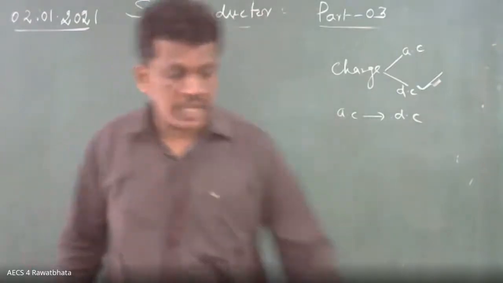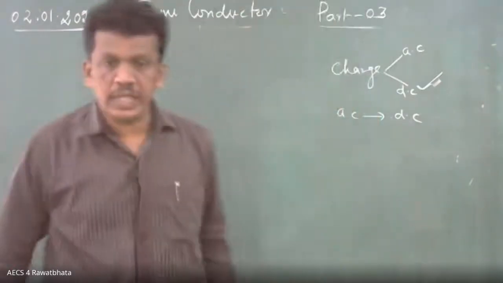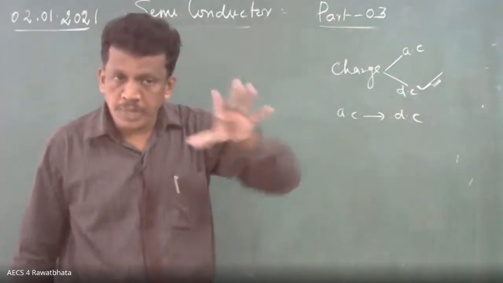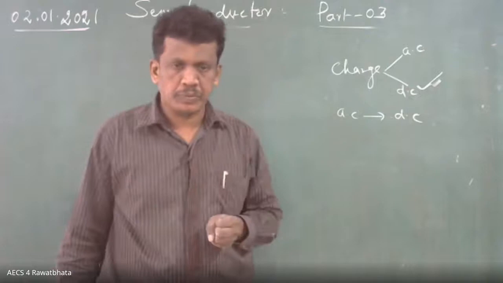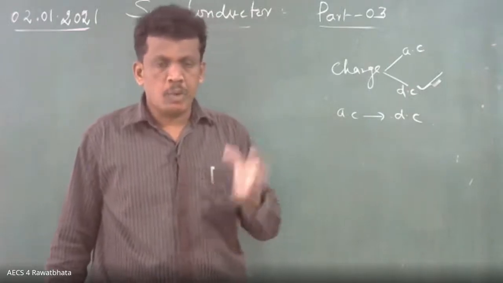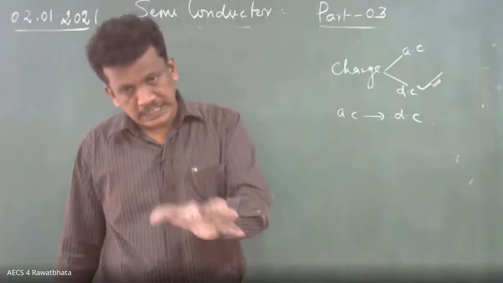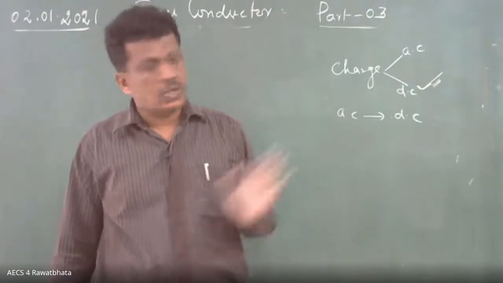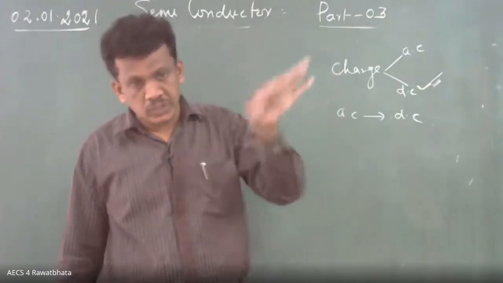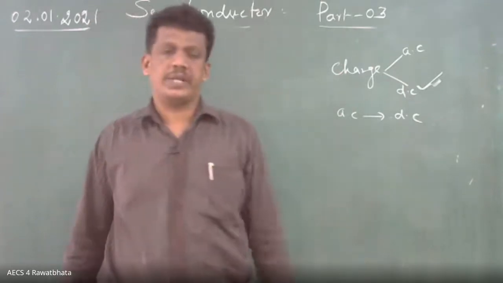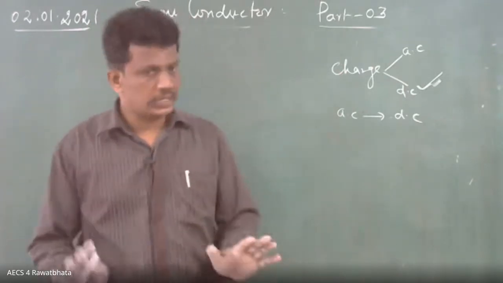How to convert AC into DC? Okay, that only we are going to discuss. So what we are getting at home? AC. But for the mobile charger, what is the actual input you have to give? DC. Then what we will do? We will convert from AC into DC. That DC is given to charge the battery. Okay, so that is the concept.